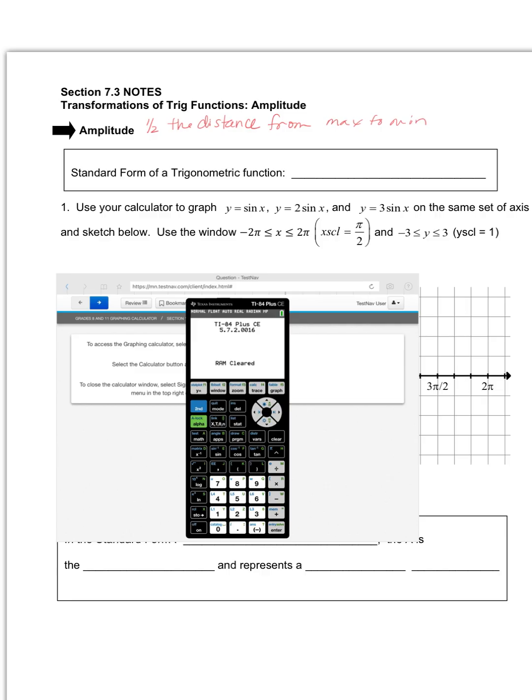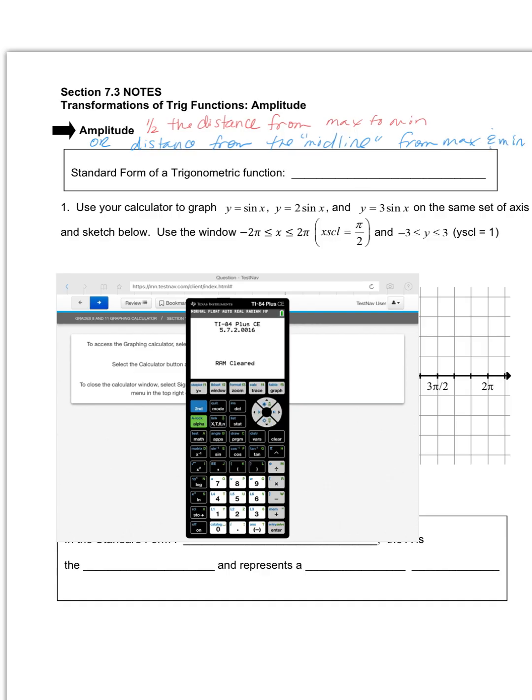And the other way that I also like to say it is the distance from the midline, which we will talk about in 7.4, to the max and min.